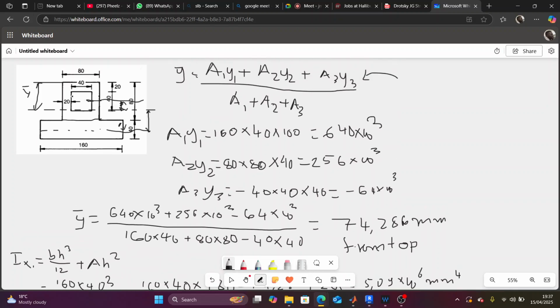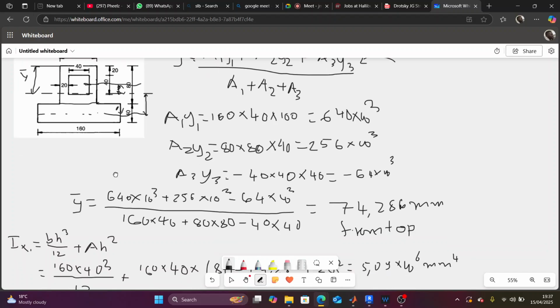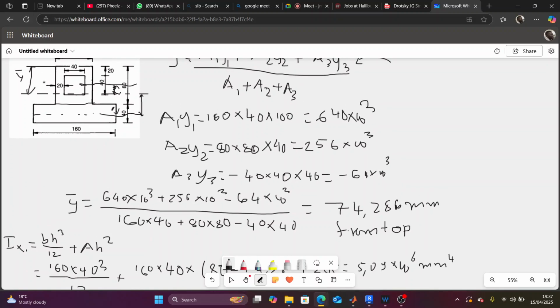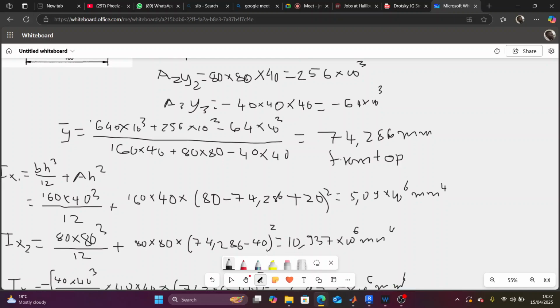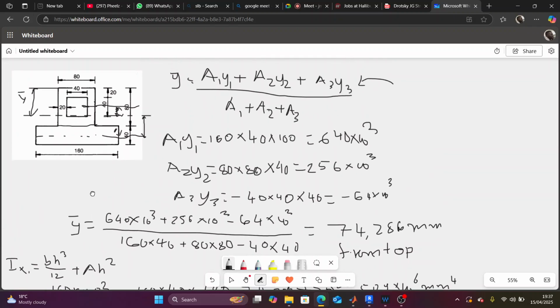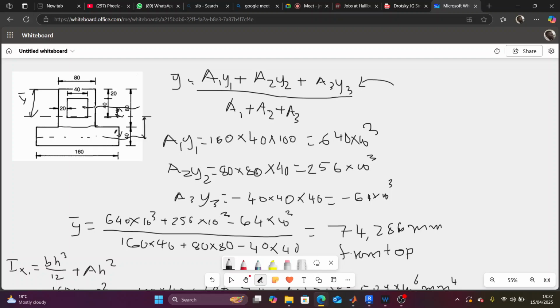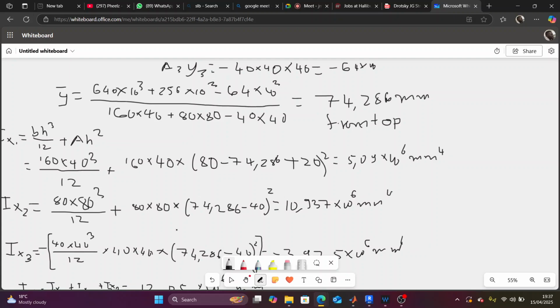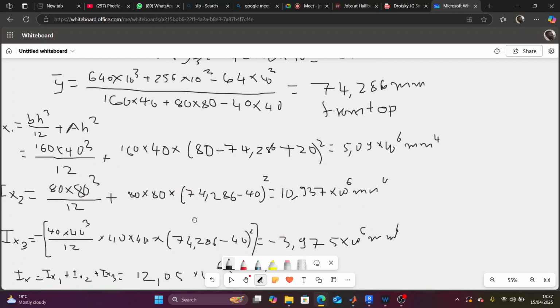We said it is y bar minus 40, which at the center here, 20 plus 20, gives us the remaining, everything squared. Can you double check the calculator? How much is this one? 10.937.